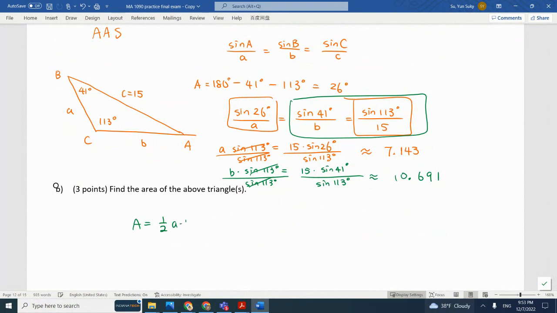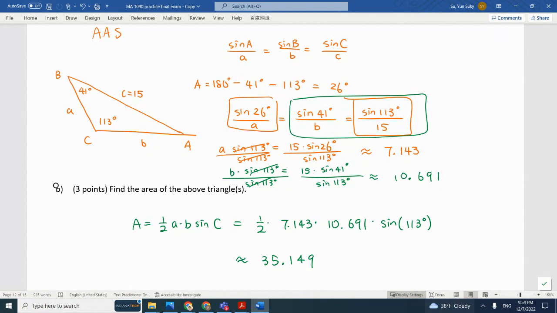Area is 1/2 ab sine C. So 1/2 times a, 7.143, times b, 10.691, times sine of angle C, 113 degrees. Put this in your calculator and give me 3 decimal places. You get 35.149. So this is the area.